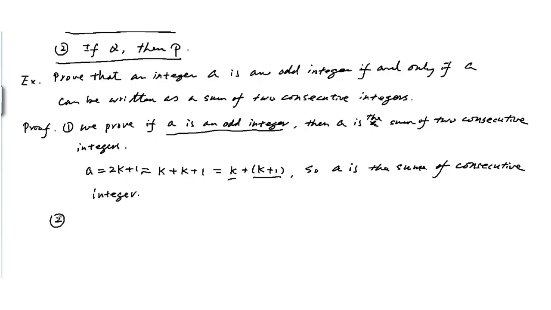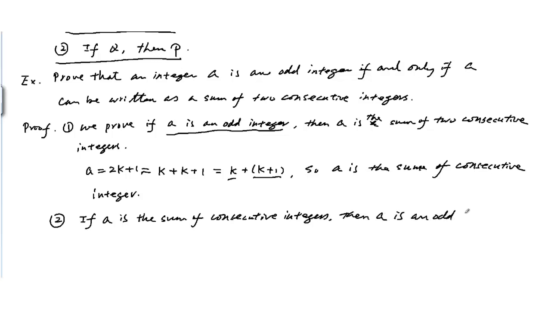And then the second part, we need to prove if a is the sum of consecutive integers, then a is an odd integer.